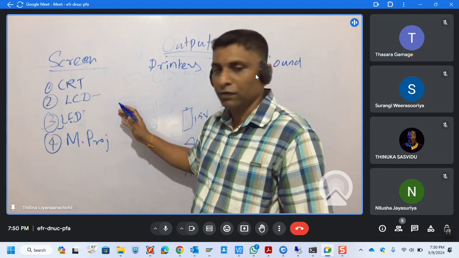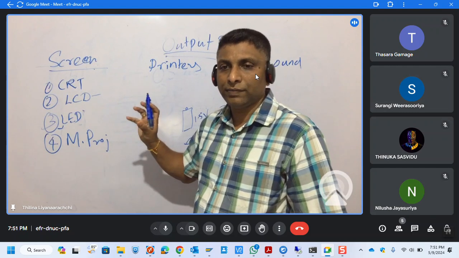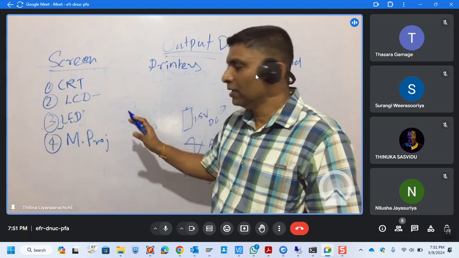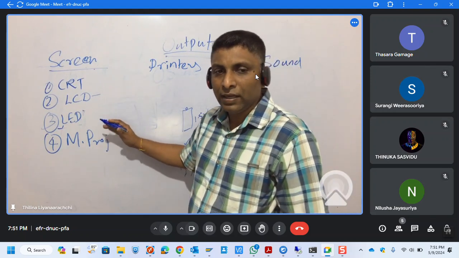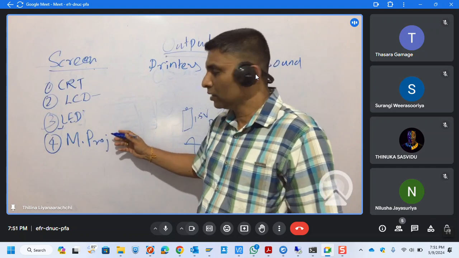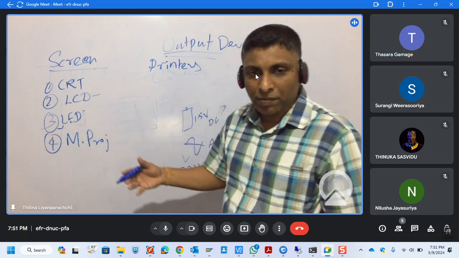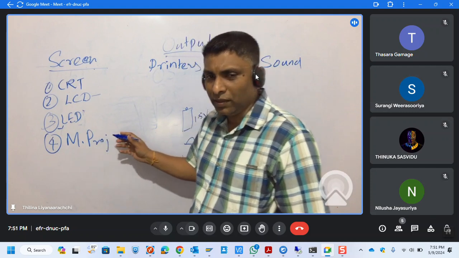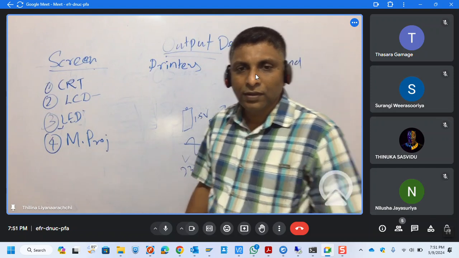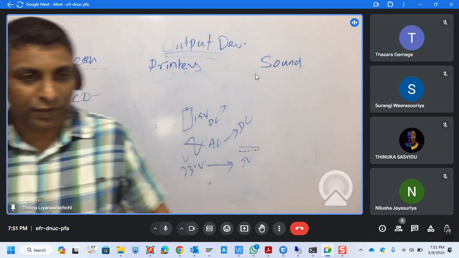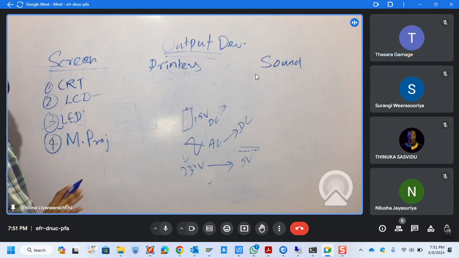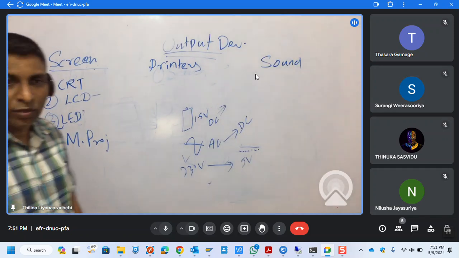Earlier they used a sort of hybrid light to project to the screens, right? Still that technology is available, but gradually LED projectors are also coming into the market, a bit expensive at the moment, right? So it can generate quality graphics. We use multimedia projectors for presentations, a very useful device, right?